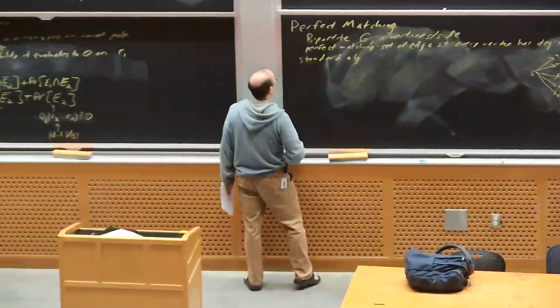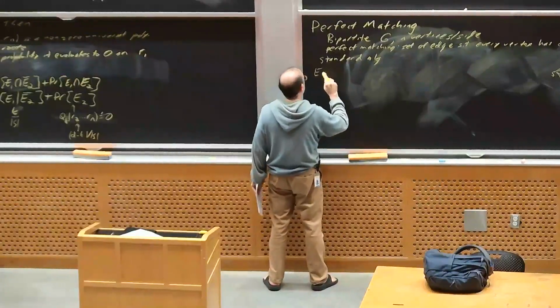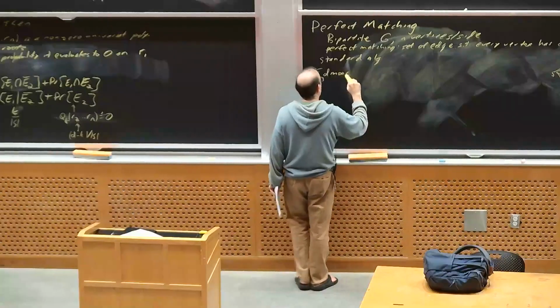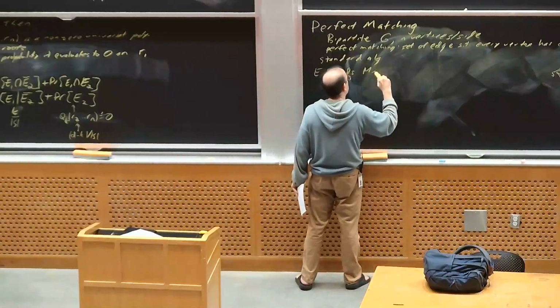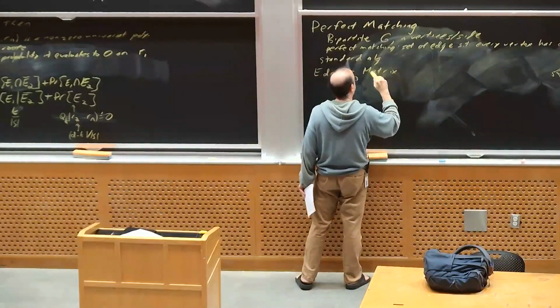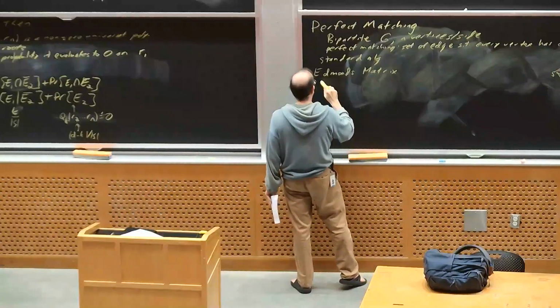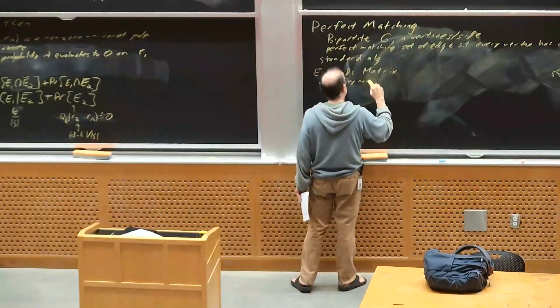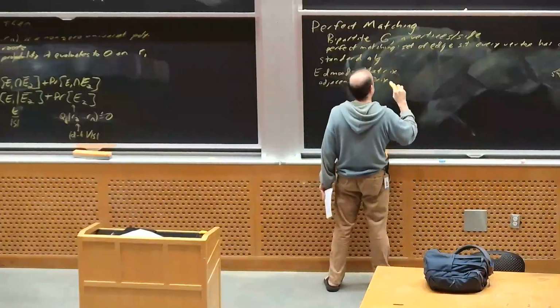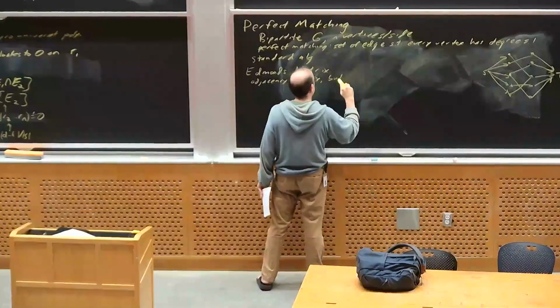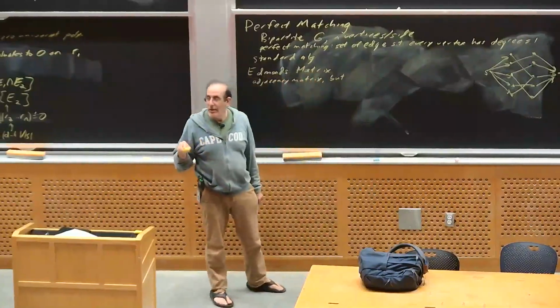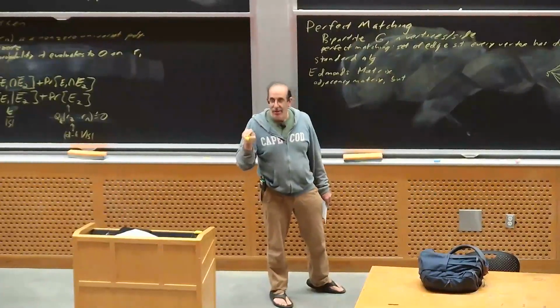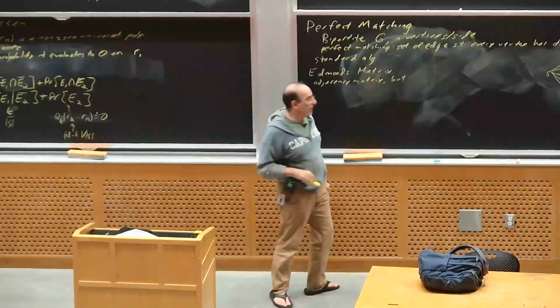What we're going to do is look at a representation of this problem called the Edmonds matrix. The Edmonds matrix is basically the adjacency matrix of the graph. But instead of putting a 1, you put a variable. We'll call it xij.